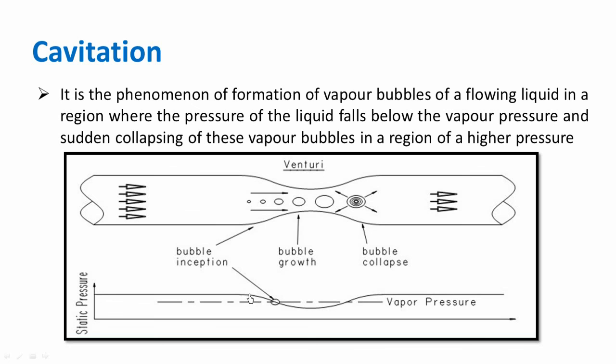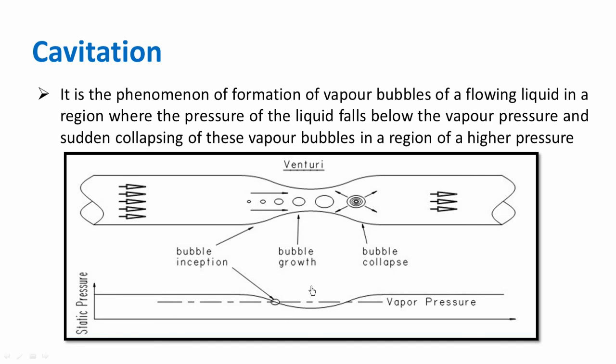Here the pressure of the liquid is going down, and here it reaches the vapor pressure and keeps moving down. When the actual pressure of the liquid falls lower than the vapor pressure, the formation of bubbles happens. Then there is sudden collapse of these vapor bubbles in a region of higher pressure.